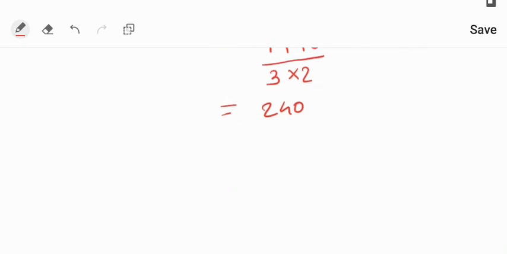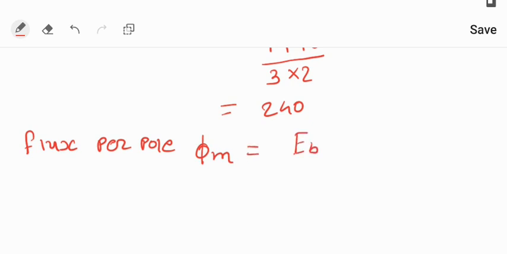After that we are interested in finding the flux per pole. The equation for flux per pole, which is denoted by phi m, is EB divided by 4.44 F into TS into KWS.